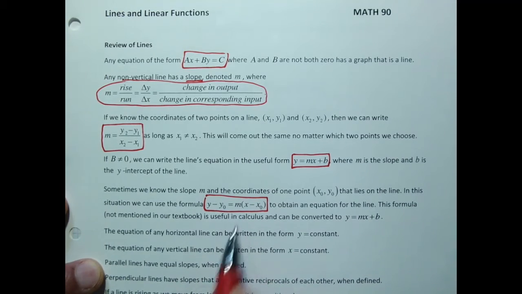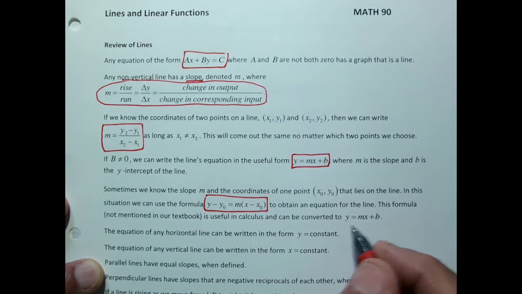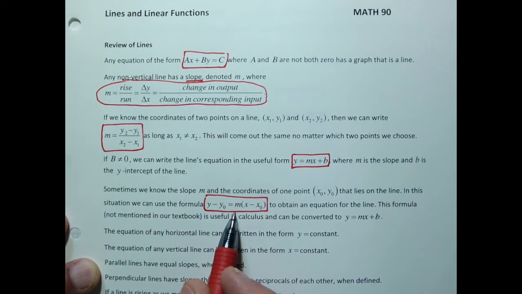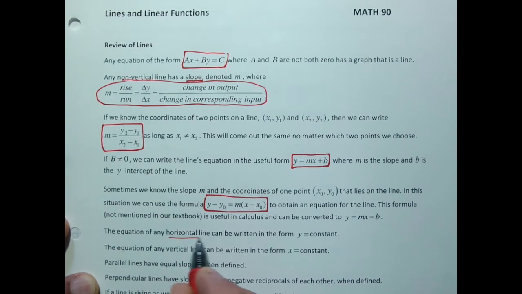This formula is not mentioned in our textbook, and we're not going to use it in that form, but it is useful in calculus, and you may see it in calculus courses, and it can be converted to y equals mx plus b. It's a useful form for plugging in when you know the slope and just one point of a line.